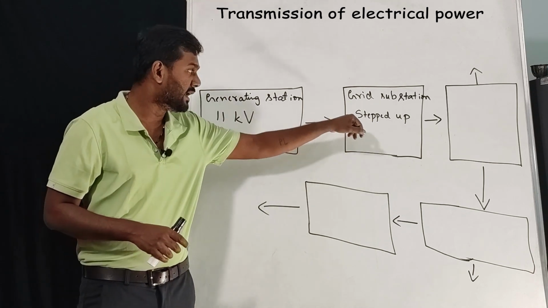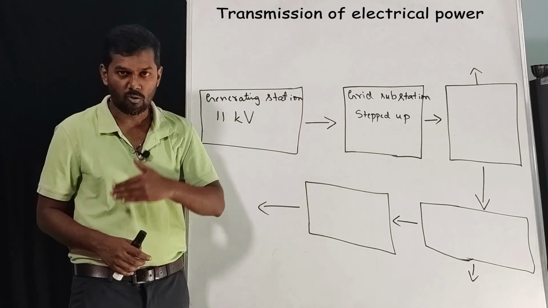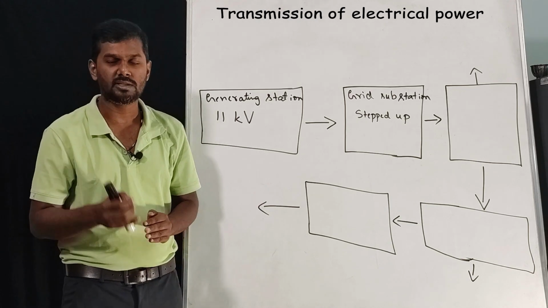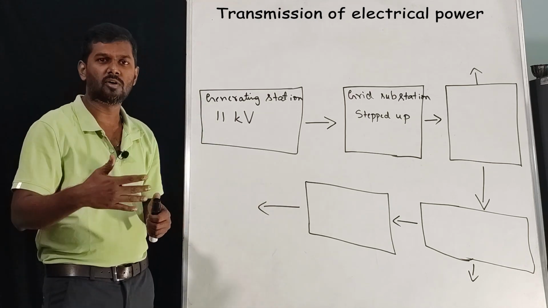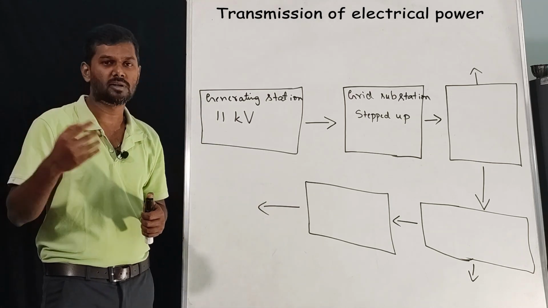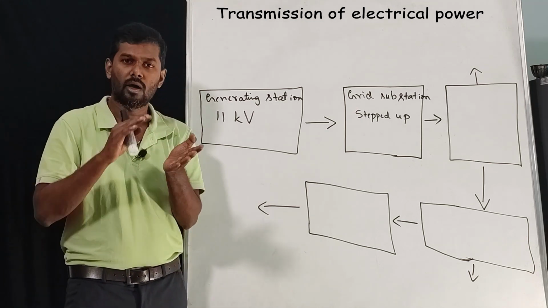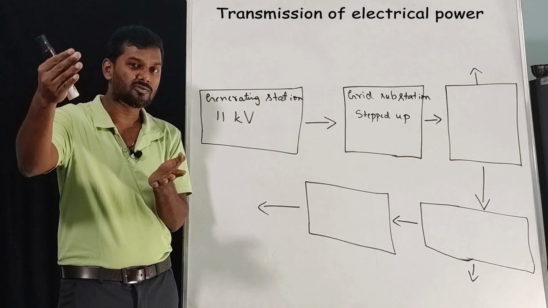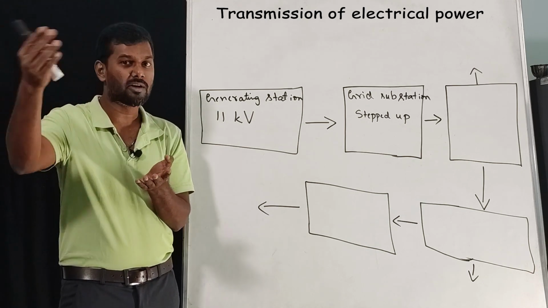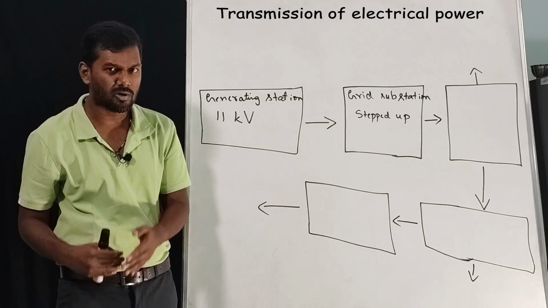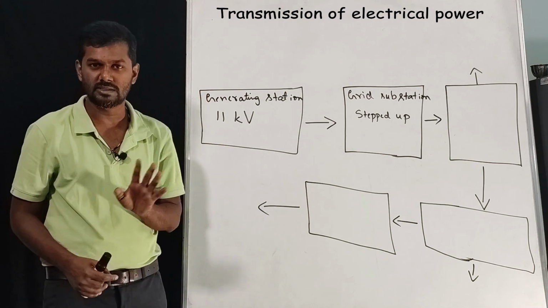Step up means increasing the voltage. Step down means decreasing the voltage. We will learn more about transformers in our next chapter, electromagnetism. For now, we need to know that a step up transformer will increase the voltage, and a step down transformer will decrease the voltage.